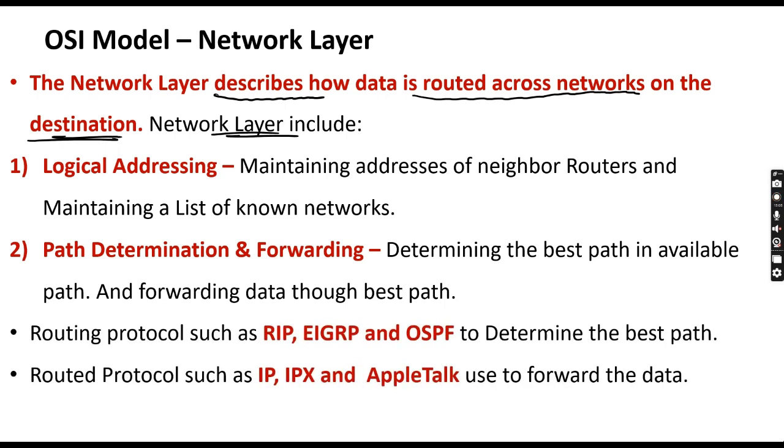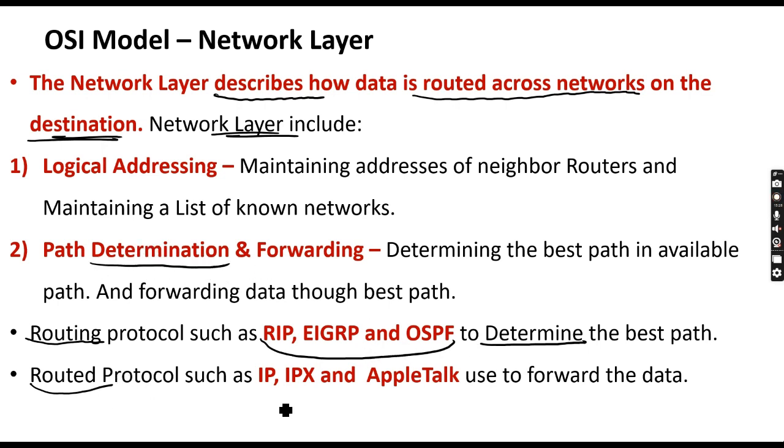Now, two things to remember. In this particular network layer, you have two different kinds of protocols which are generally used. One is routing protocols, another is routed protocols. Routing protocols are basically like RIP, EIGRP or OSPF, which are used to determine the best path.